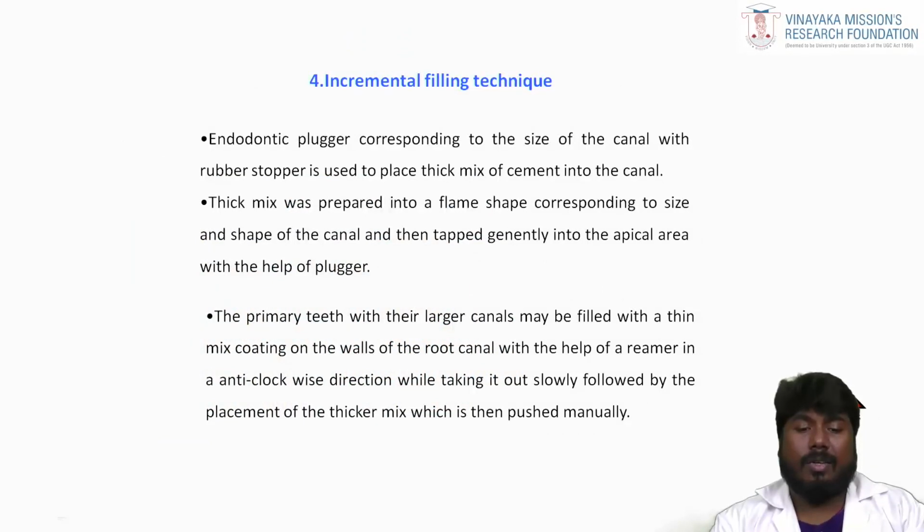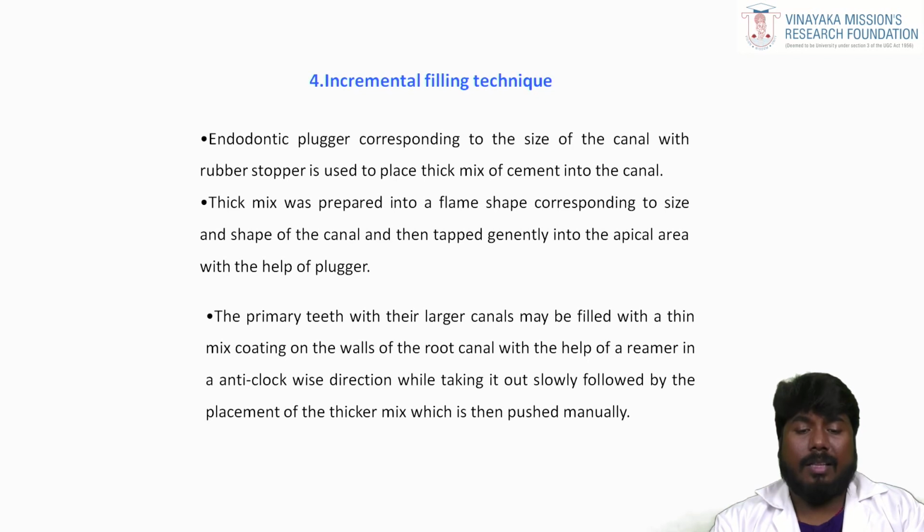Incremental filling. An endodontic plugger corresponding to the size of the canal with a rubber stopper is used to place a thick mix of cement into the canal. The thick mix is prepared into a flame shape corresponding to the shape of the canal and then tapped gently into the apical area with the help of the plugger.